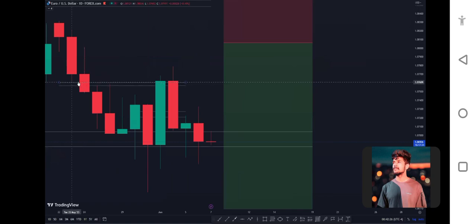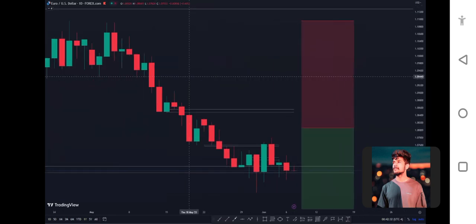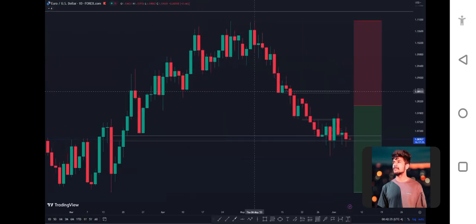This fair value gap was being respected here, but not respected here. Although it is respected here, that's why it's respected the PD array, the down candle, I mean the up candle. So it's not troubling too much, but it's not a good sign.